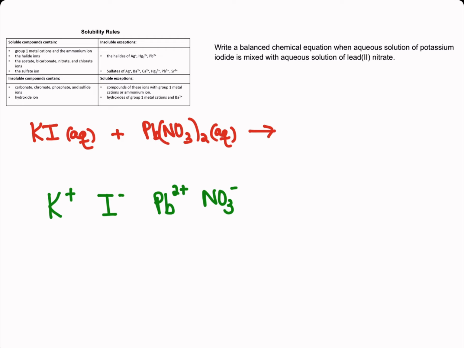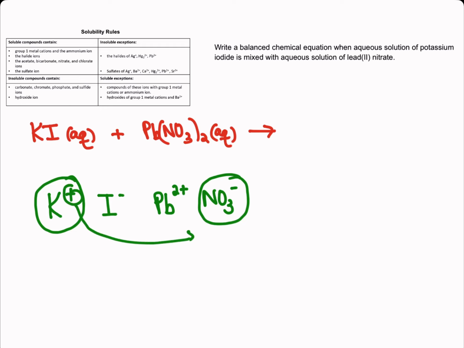I want to predict products, so I'm going to bond a cation with an anion. Remember that the cation is always written first. So my K is my positive, so I'm going to bond K plus with NO3 minus. I'm going to crisscross the charges, and I'm going to write down what that makes.